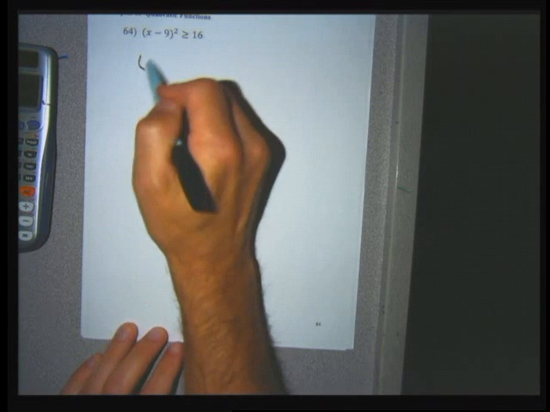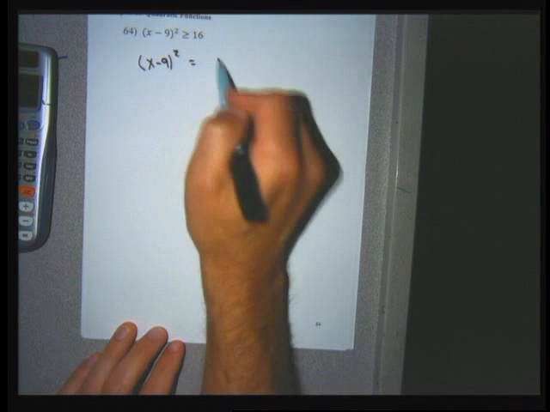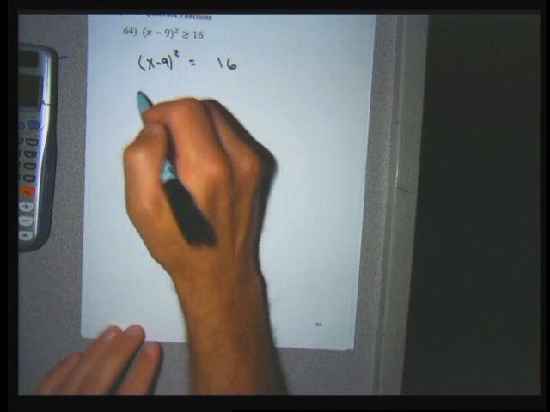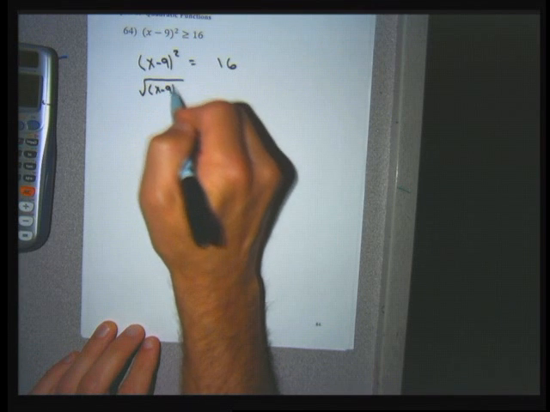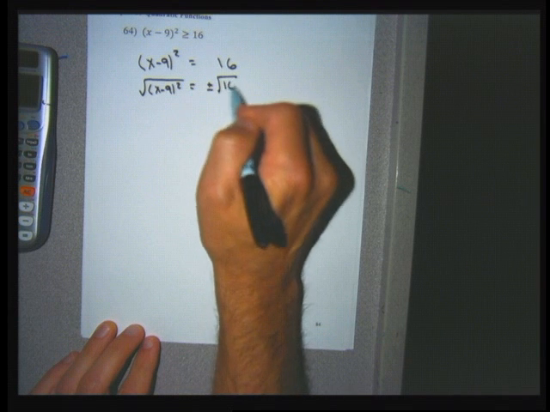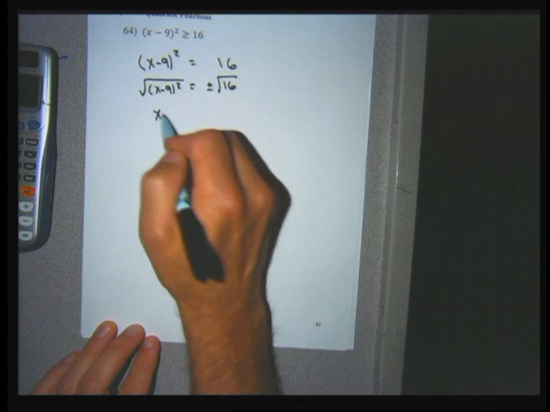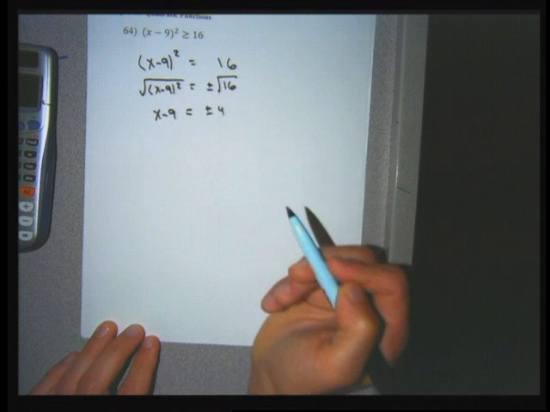So I'm going to solve x minus 9 squared equals 16. And then I'm going to go the square root of x minus 9 squared equals plus or minus the square root of 16. This is going to give me x minus 9 equals plus or minus 4.